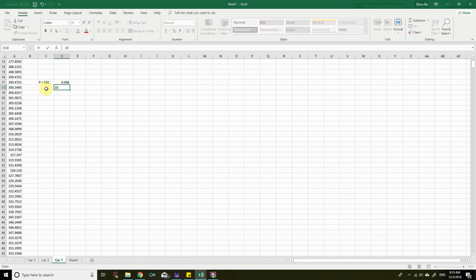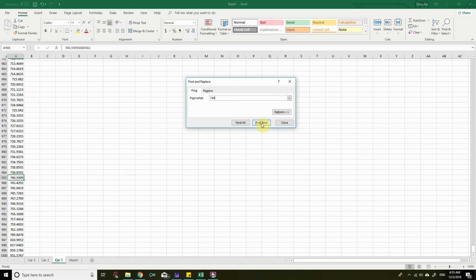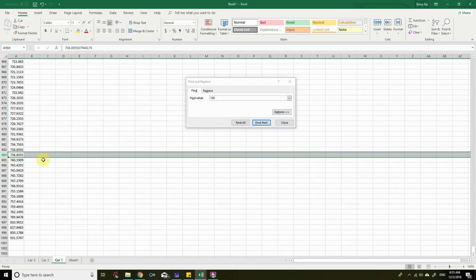And let's find 740. So 740 is up to this one, the 984th row. We need to be between 300 and 740, so we go for the 984th row.